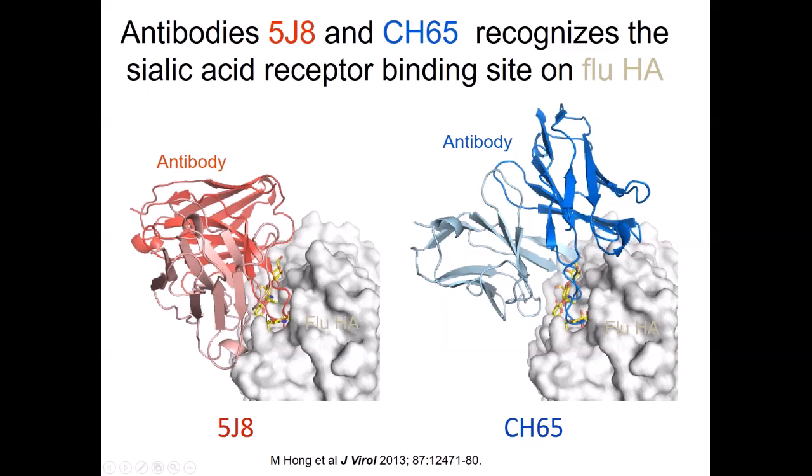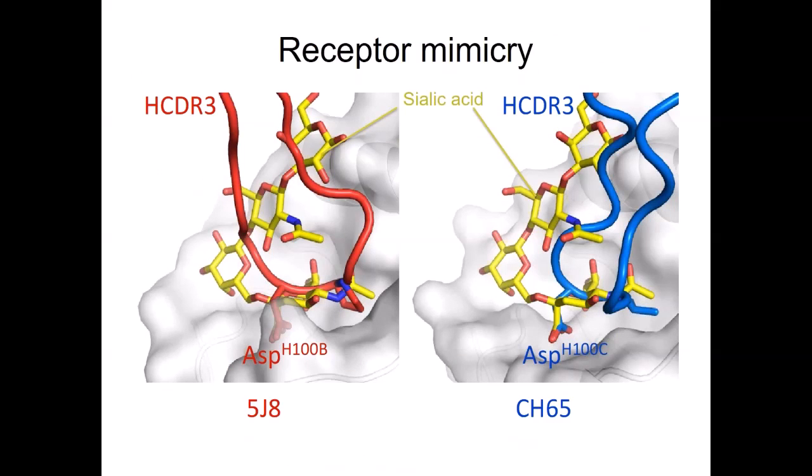Also shown in yellow is sialic acid bound in an H1 structure, and the HA is shown in space filling here. On the right, the same thing occurs in which you get a heavy chain CDR3 inserting in the receptor binding domain. But if you look closely, these antibodies are coming in from different directions and over different rims of the receptor binding domain.